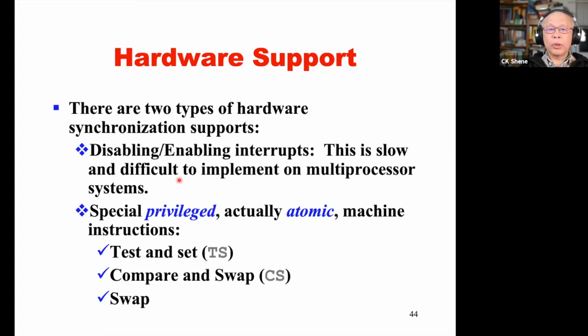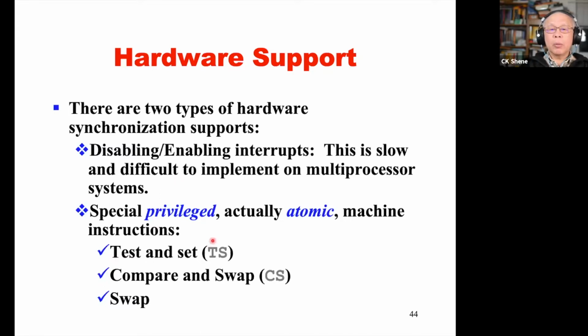This is usually slow and difficult to implement on a multi-processor system, but we still can do that. We won't be able to discuss how to use it in a very extensive way. But anyway, if you want to learn something, you should be able to learn some knowledge in an operating system course.